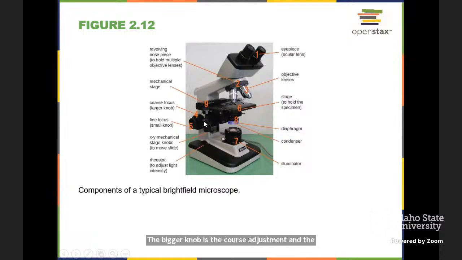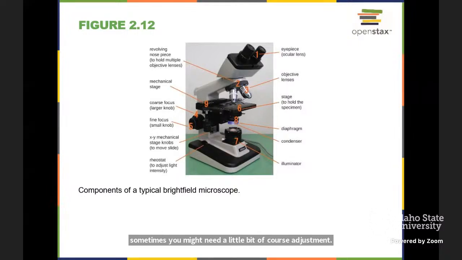You coarse adjust on the low power, and once you find that hint of something, often it's just maybe a touch of color, now you know you're kind of in the right spot. You bump it up to the next lens and you fine tune. You don't coarse adjust again. Sometimes you might need a little bit of coarse adjustment, but once you get it, it's fine tuning, all right?